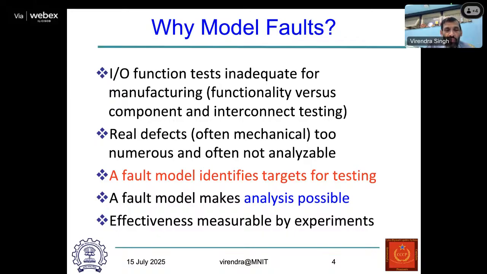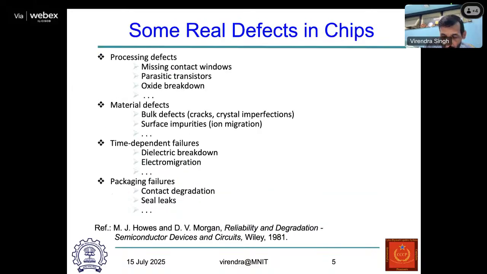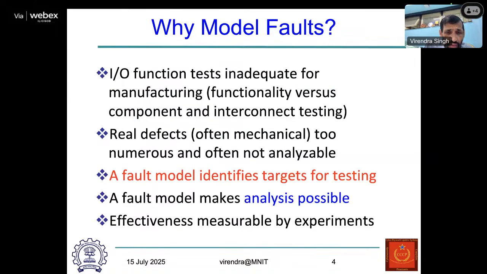So now, one of the fault models that we have discussed yesterday. If I make a fault model, this can make the analysis possible. You can analyze whether some particular fault is there in the circuit or not. This also gives you a quantitative measure of how many faults the test vector set that you have developed can uncover.